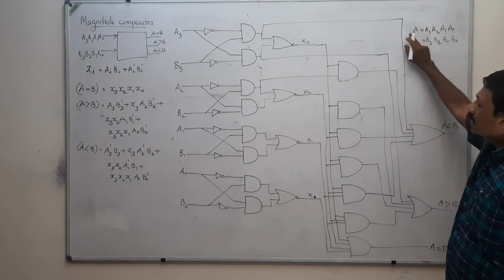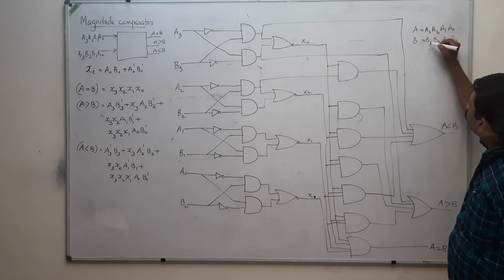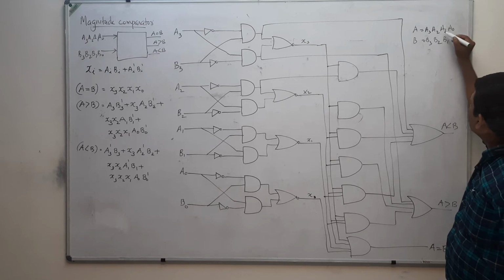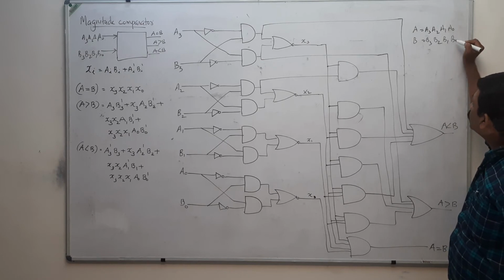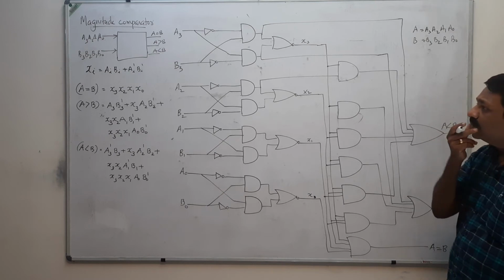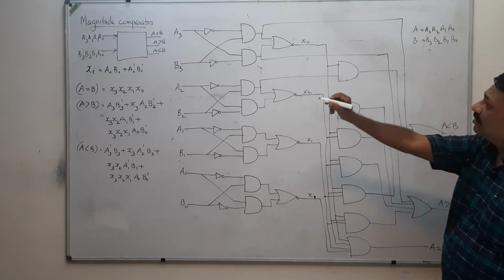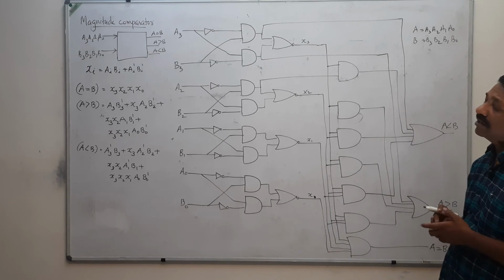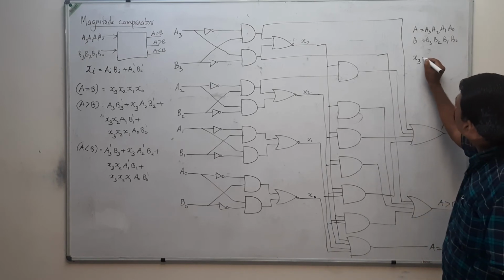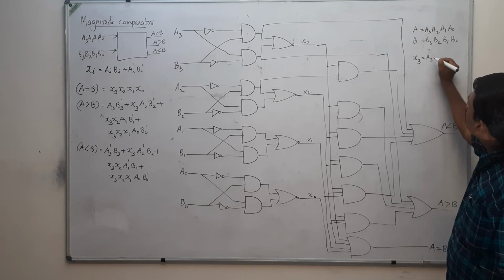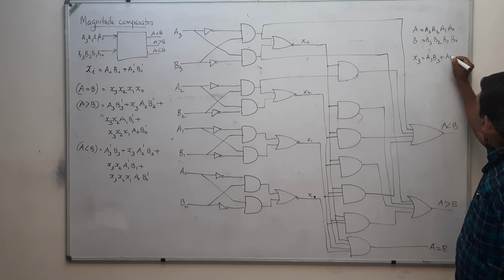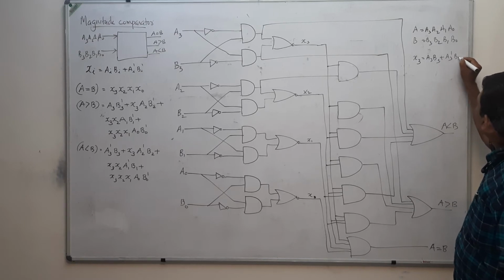If these two numbers have to be equal, then A3 should be equal to B3, A2 should be equal to B2, A1 should be equal to B1, and A0 should be equal to B0. Then I am going to have Xi is equal to Ai Bi plus Ai bar Bi bar. Xi, that is X3, is equal to A3 B3 plus A3 bar B3 bar.